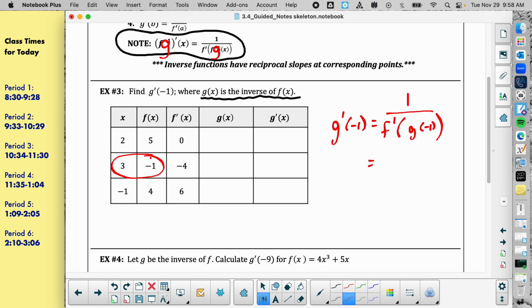Because F and G are inverse, I need to find where F is equal to -1. That's the same thing as plugging in -1 into its inverse. So that would be right here. So G of -1 is 3.